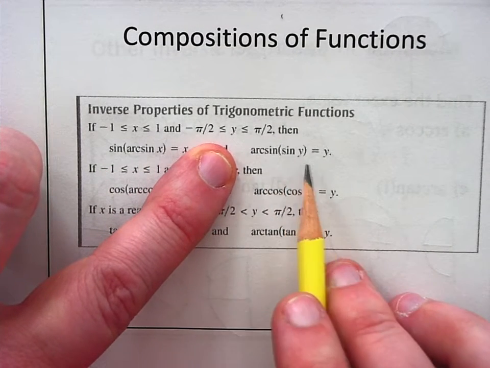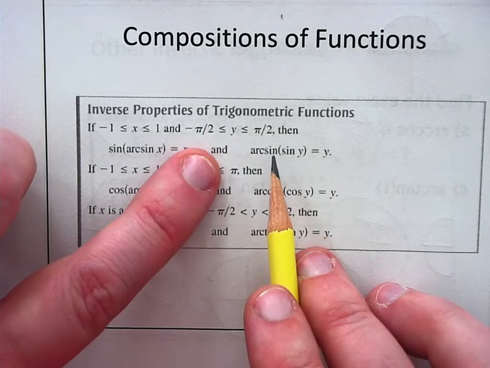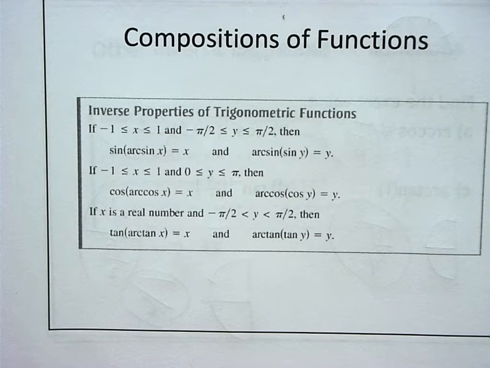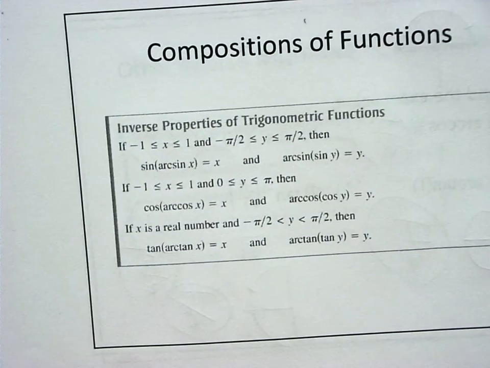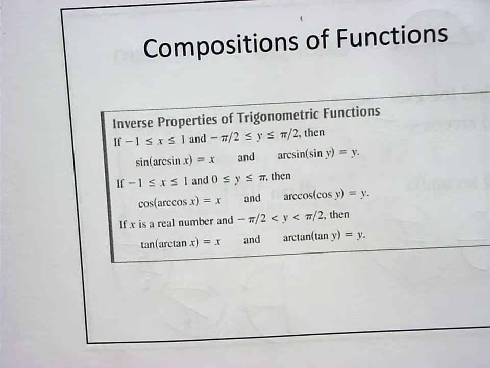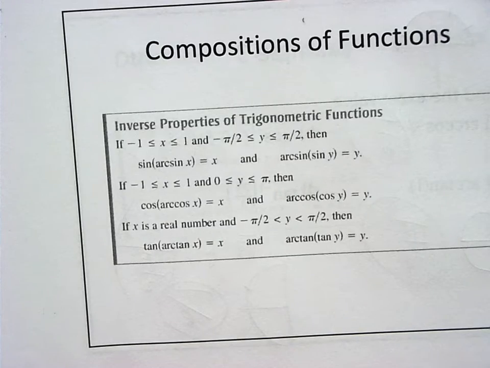If you're doing arc sine of the sine of y, in order for this to work, it only can work for between -pi/2 and pi/2. Calculator may still spit out an answer, but it's only going to work if you're in that limitation. Cosine has the same types of limitations, tangent the same as well. So you've got to always remember to compensate for that.